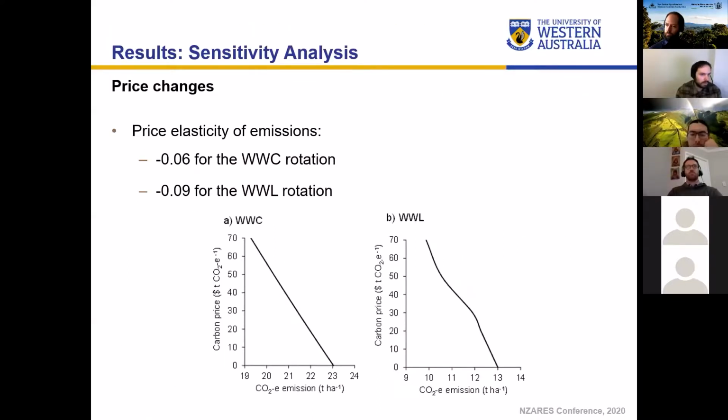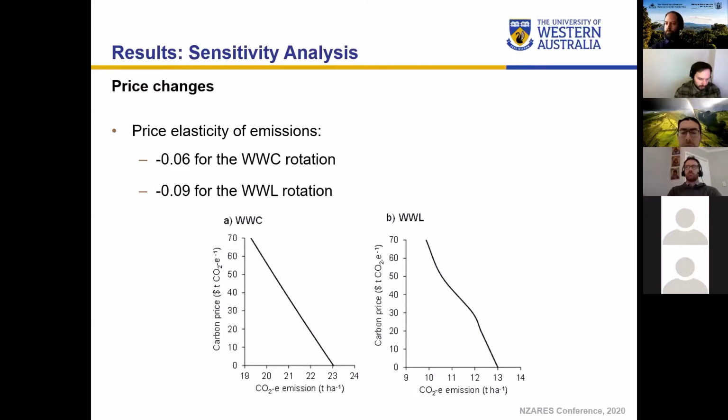We did the sensitivity analysis to check how the change of prices would affect the emissions, and we didn't see that much responsiveness of the emissions to the price changes. For example, for wheat canola rotation, you see the change in carbon price from $0 to $70 per ton CO2 equivalent.